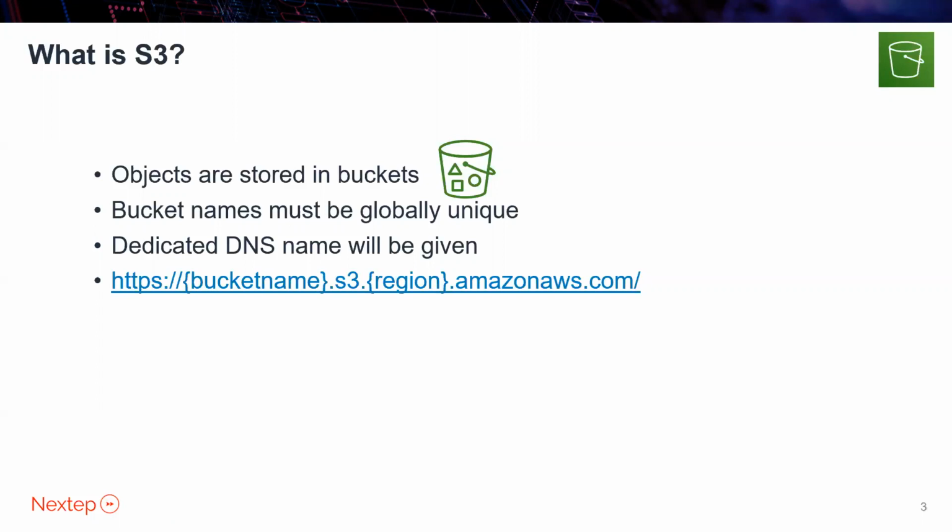And this URL contains S3 dot region, right? Can I create the same bucket in a different region? You cannot. Even these bucket names are not only per region, they are across all the regions, across the globe, across all the accounts. They have something called groups, right?